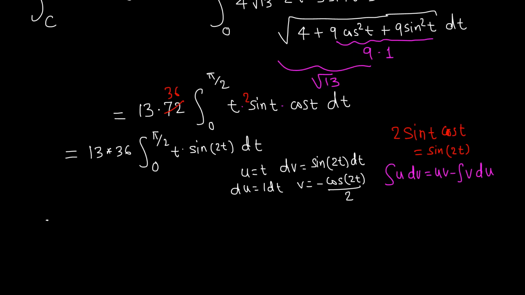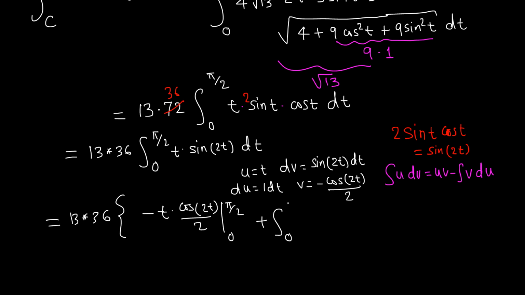So this is 13 times 36, by this formula uv, so t times this, negative t cosine 2t over 2, and we need to evaluate from 0 to pi over 2, minus integral v du, which also has a negative here, so plus the integral from 0 to pi over 2 of cosine 2t over 2 times dt, which is just dt.